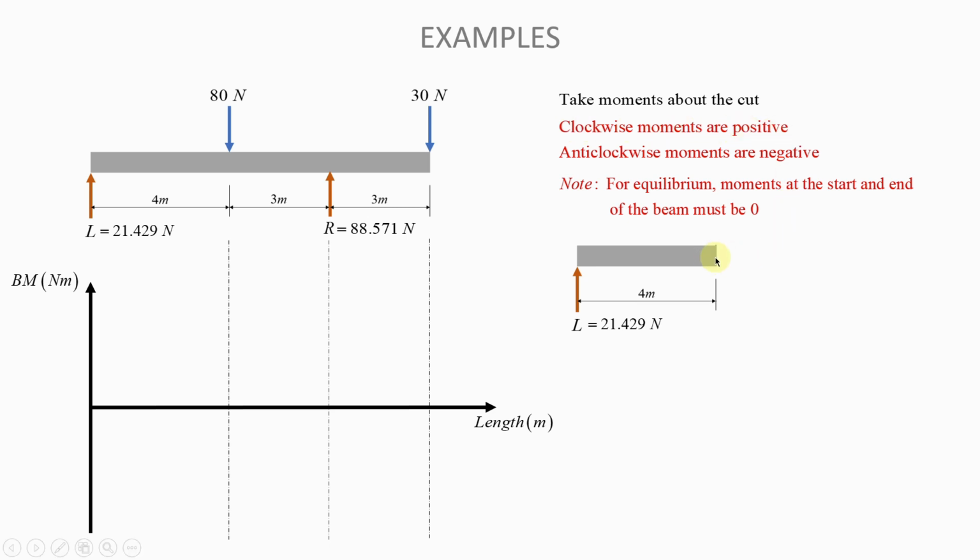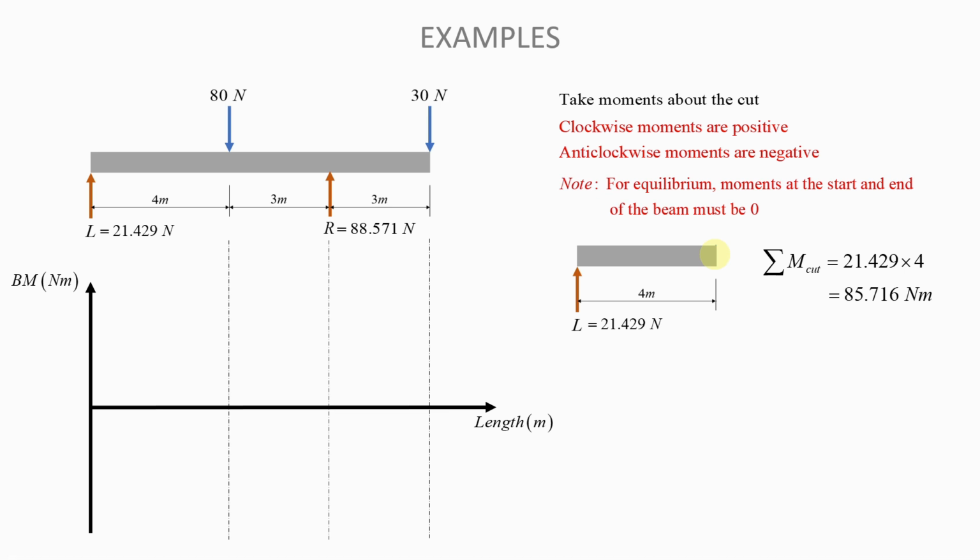So the sum of the moments about the cut is just going to be this L multiplied by that distance. So it's going to be 21.49 multiplied by 4, and it is a positive moment, the reason being that it is a clockwise moment. If you take the moment of that force about this cut, it is a clockwise moment.